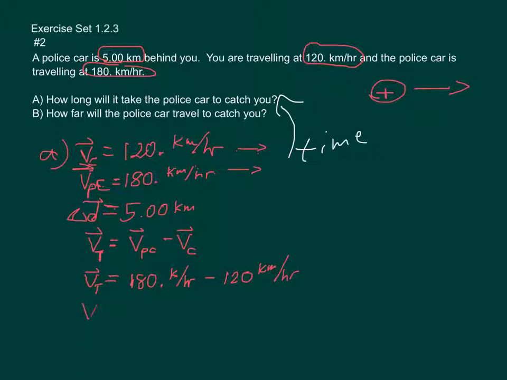So our velocity total, or in other words, the relative velocity of this situation, is 60 kilometers per hour. So what this tells us is that the police car is gaining on us at a rate of 60 kilometers per hour.